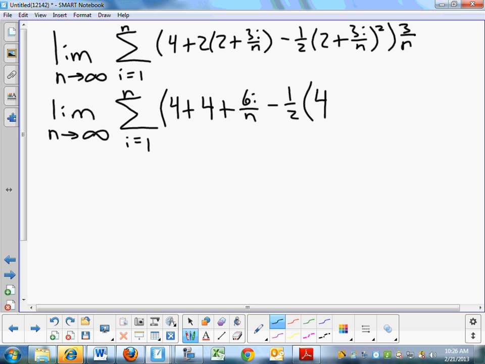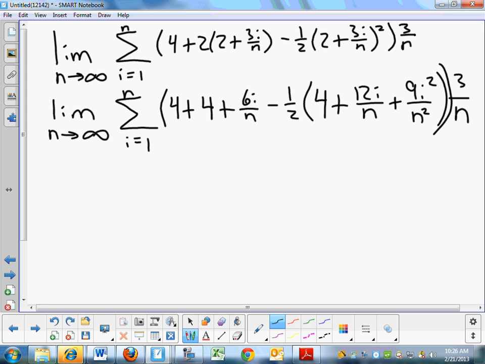Then I have 2 times 3i over n, which is, let's do the outside inside right now, 2 times 3i over n, and then double that to get 12i over n. And then if I square the 3i over n, I have 9i squared over n squared, times 3 over n.